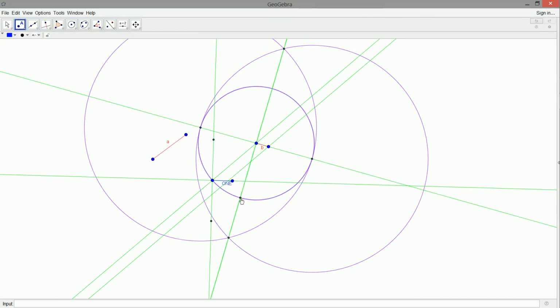Where it intersects the original line. Circle, get the other end of the chord. And there we go.